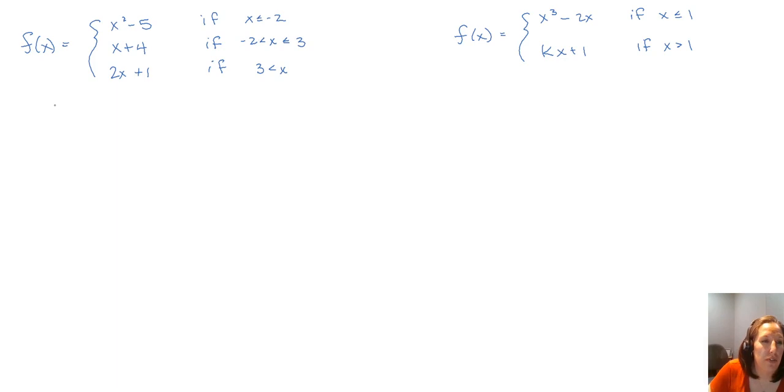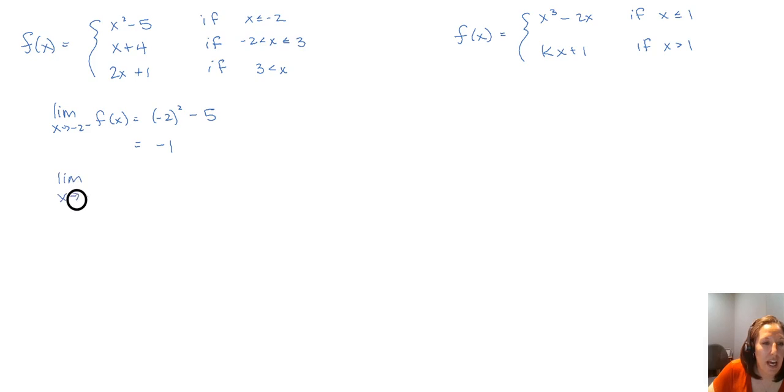So let's look. The limit as x approaches -2 from the left of our function, if we're to the left of -2, that means we're always less than -2, and our function looks like x squared minus 5. So that's going to be -2 squared minus 5, and that -2 squared is 4 minus 5 is -1.